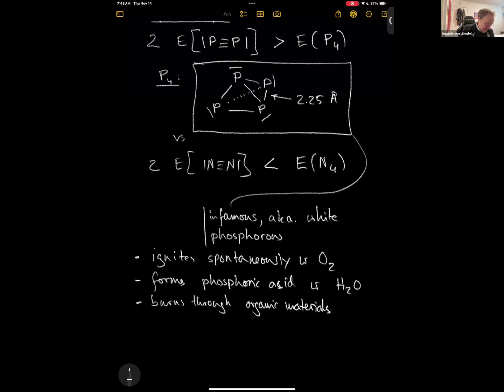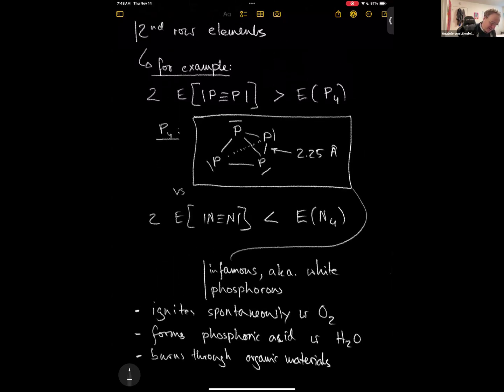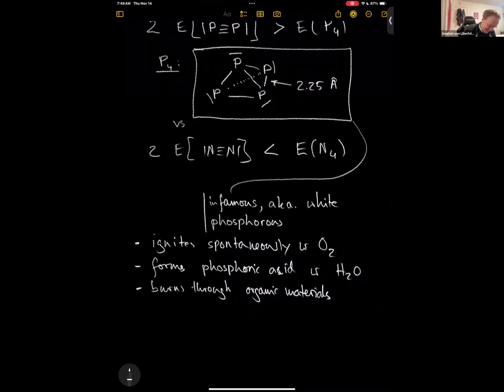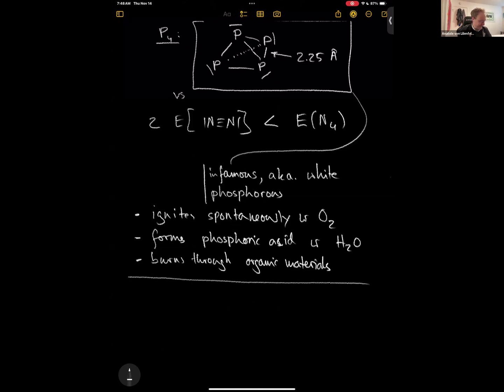Now, this danger is because while this P2, the P2 system is so unstable it doesn't even exist. P4 is still quite unstable. That means highly reactive, and there is a safer structure.